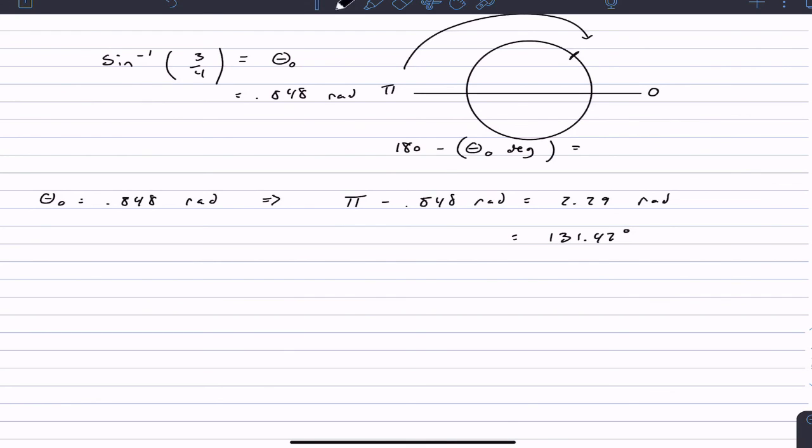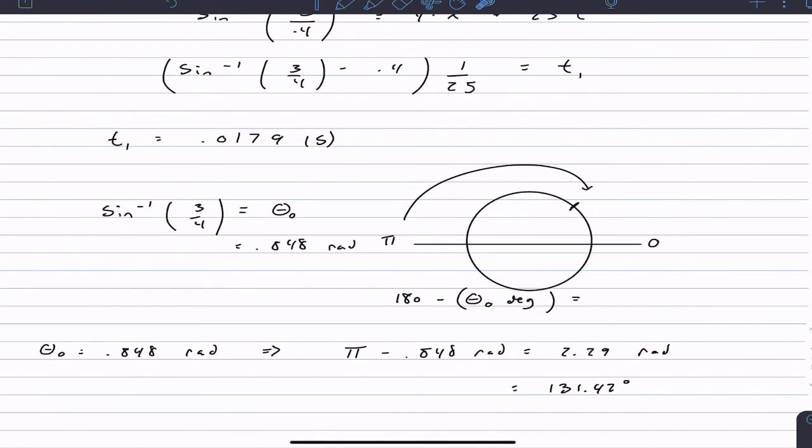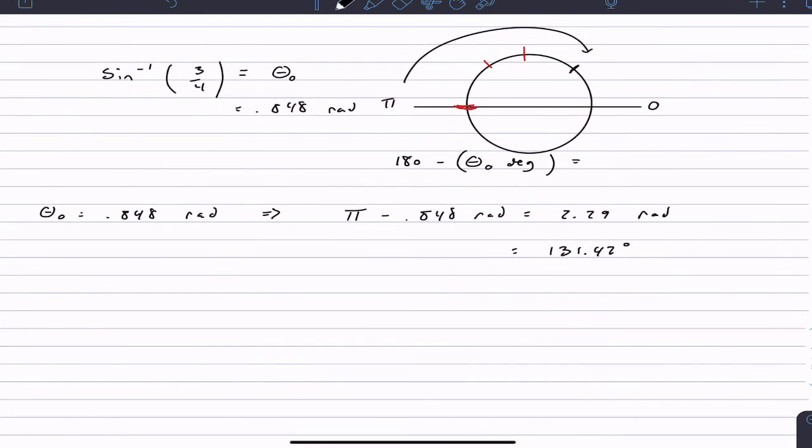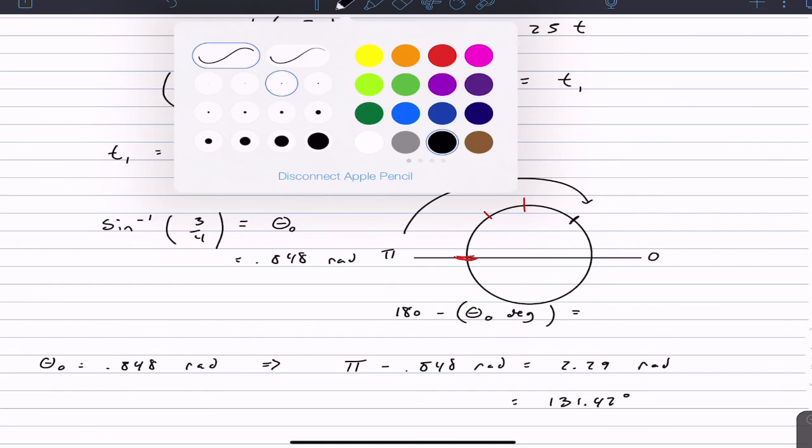And so this then is the next position that we're going to be at on the unit circle. So 131 degrees is somewhere over here, right? This is 180. This is 90. 130 is over here somewhere. So then we can use that information. Let's set up our function again. Recall that we already found this.